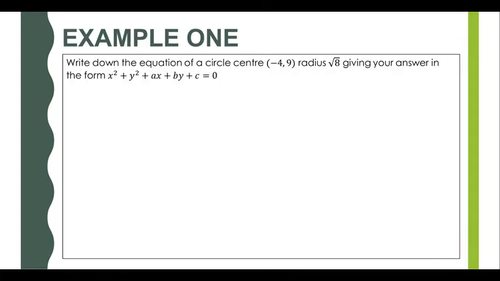So if we look at this first question, we're told the radius and the centre of the circle, so we can write down the equation of the circle. So x minus a squared plus y minus b squared is equal to r squared, where a is minus 4, b is 9, and radius r is root 8.